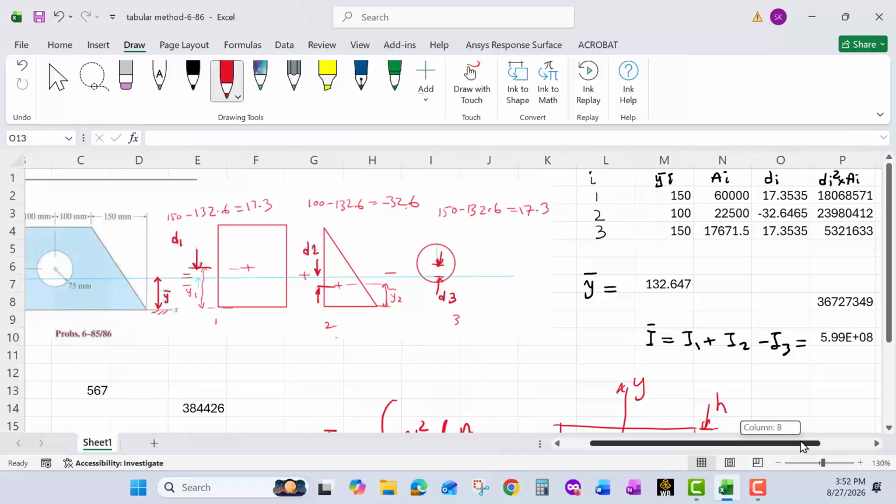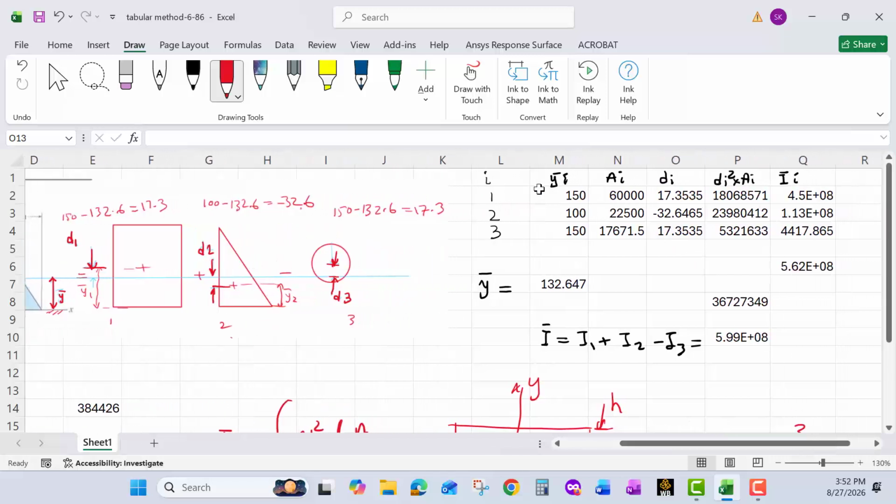The tabular method means you make a table, and you calculate each individual ingredient of the calculation in these cells before you combine them in a proper way. Some calculations from this table are reused.